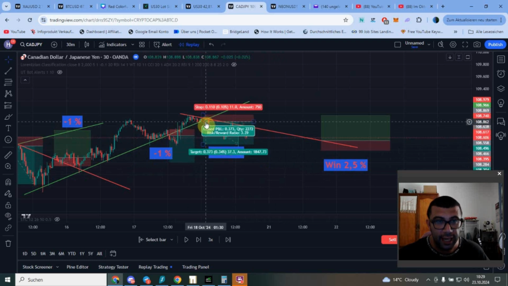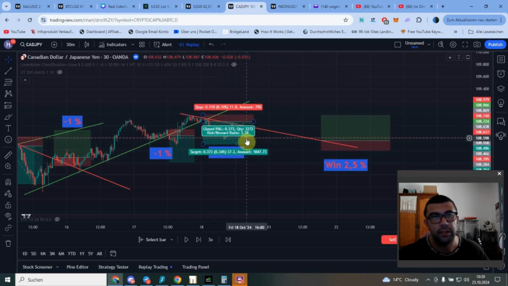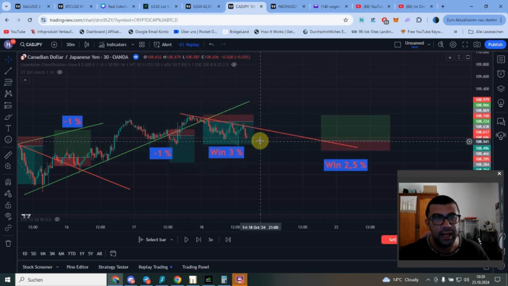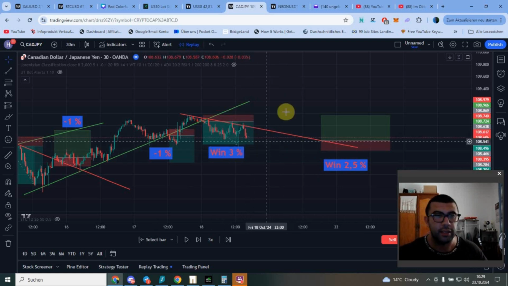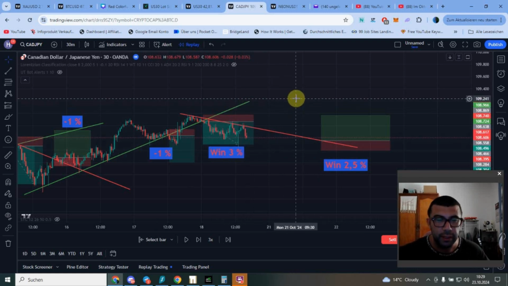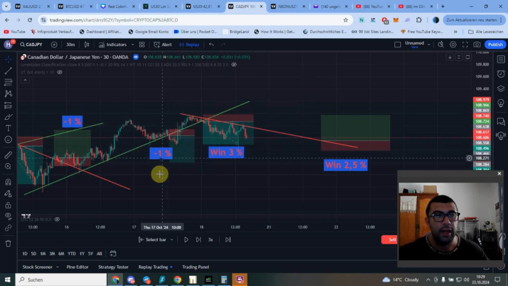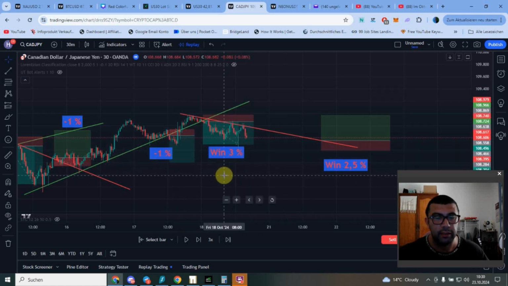So I enter again and use a very tight stop loss and target around the last swing low. This is how I place this trade, and it banked me 3% on my account. So it doesn't matter if you lost before, because we win back now.